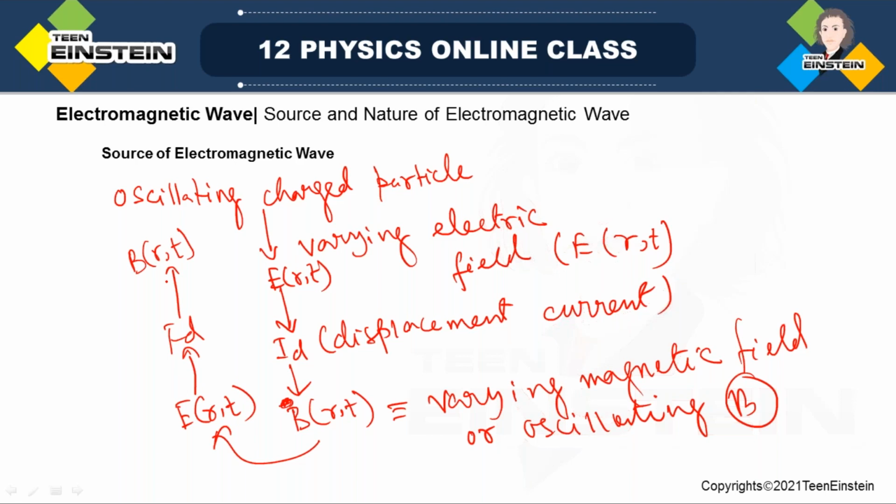So I'll repeat: a displacement current produces an oscillating magnetic field. The oscillating magnetic field will create an oscillating electric field, and that electric field in turn will regenerate the magnetic field.